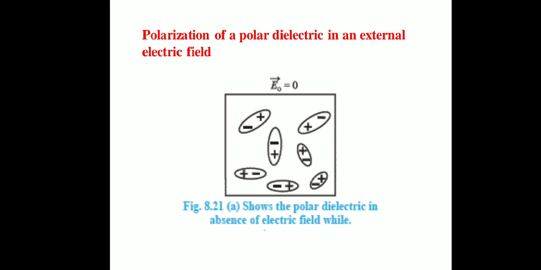So the material is unpolarized. And why is it unpolarized? Because dipole moments are oriented in such a way that they cancel with each other. So this is our figure 8.21a, which shows polar dielectrics in the absence of an external electric field.